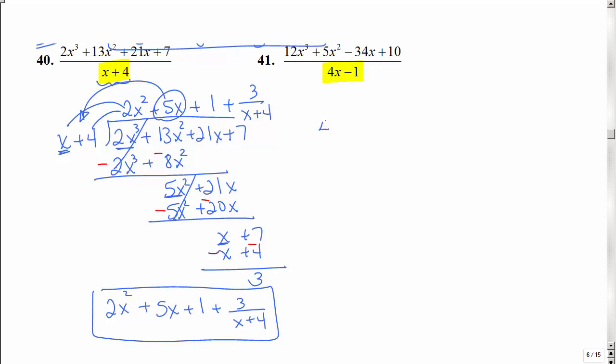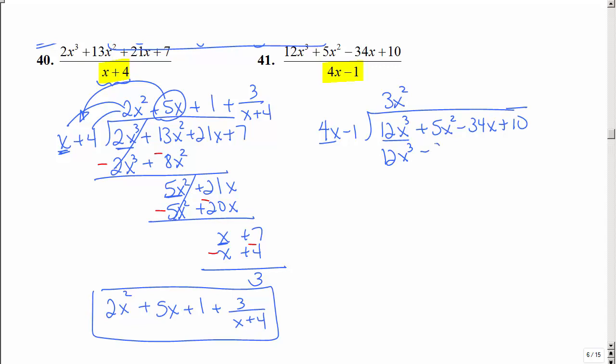Let's do that again. So we have 4x minus 1 into this polynomial. Okay, so divide. That goes in there 3x squared. Multiply. Draw your line and change that sign. Again, that's just subtracting. Bring down your next term. Repeat that process.